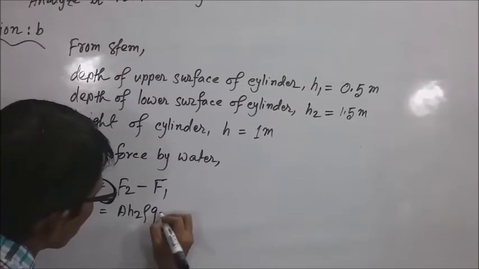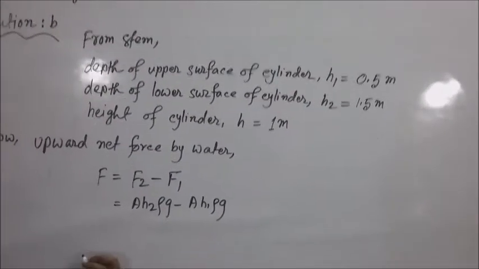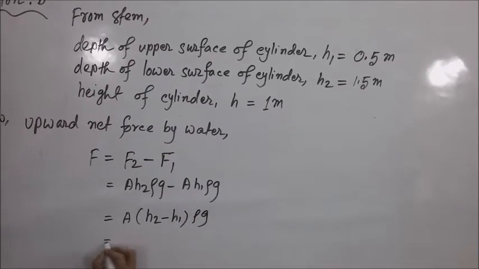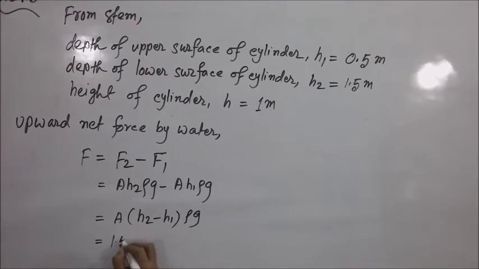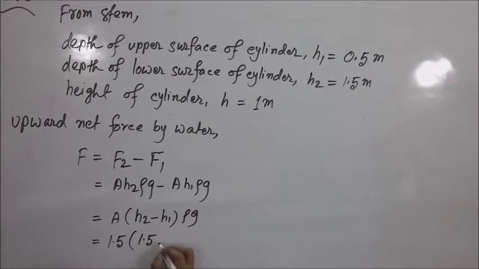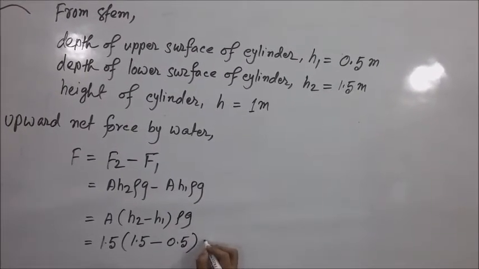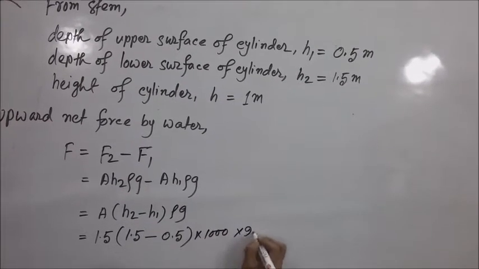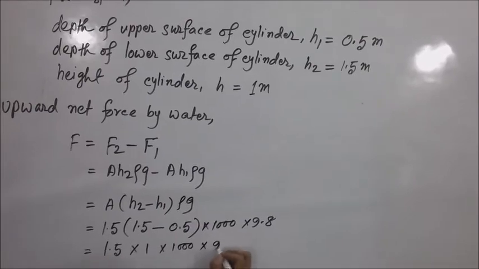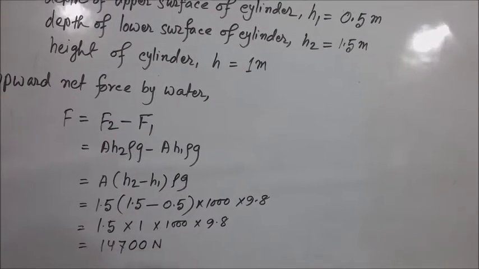A H2 rho g minus A H1 rho g, A into H2 minus H1 into rho g, equal to 1.5 into 1.5 minus 0.5 into 1000 into 9.8 equal to 1.5 into 1 into 1000 into 9.8 equal to 14700 Newton.